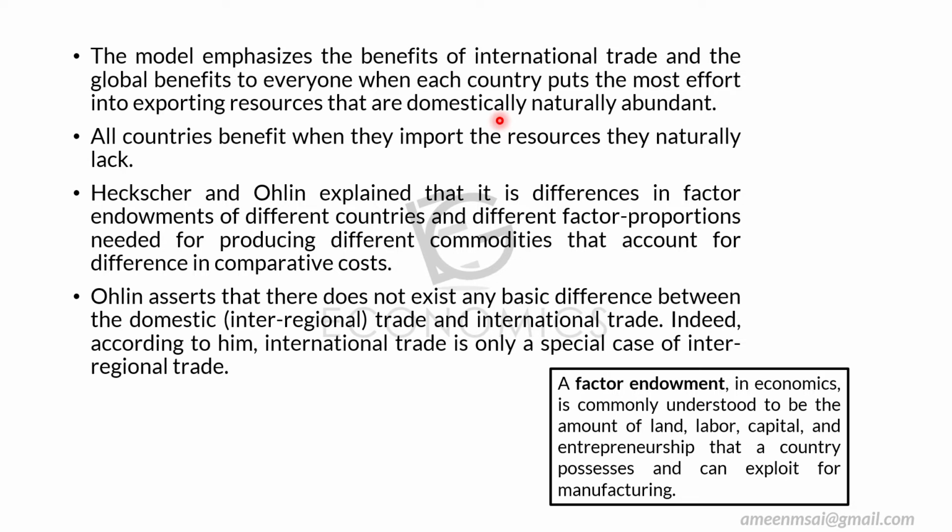In order to benefit, a country should export commodities which are made using the resources that are domestically naturally abundant. For example, if capital is abundant in your country, then you should produce goods that require more capital. If labor is abundant in your country, then you should produce goods that require more labor.